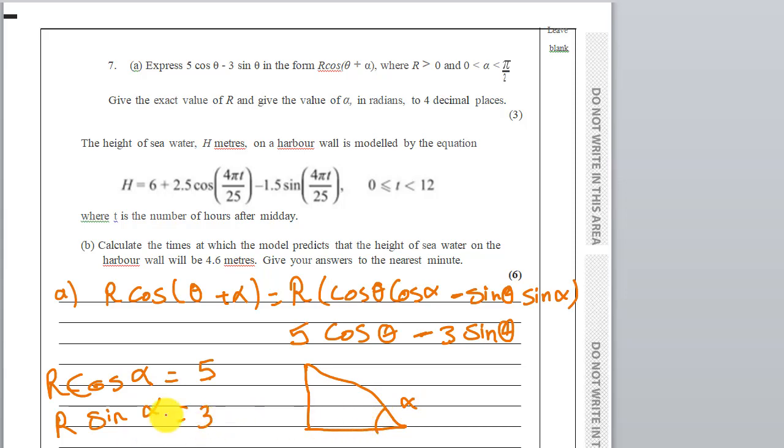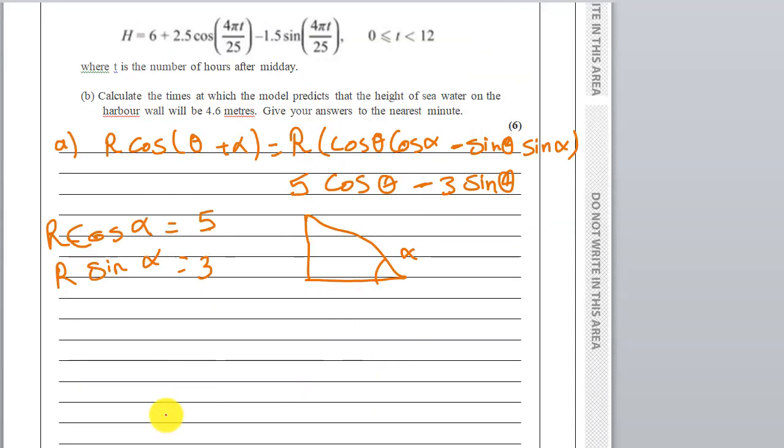So from these two equations, cosine alpha is equal to 5 divided by R, and sine alpha is equal to 3 divided by R. So now R equal to square root of 3 squared plus 5 squared, so square root of 9 plus 25, so square root of 34.